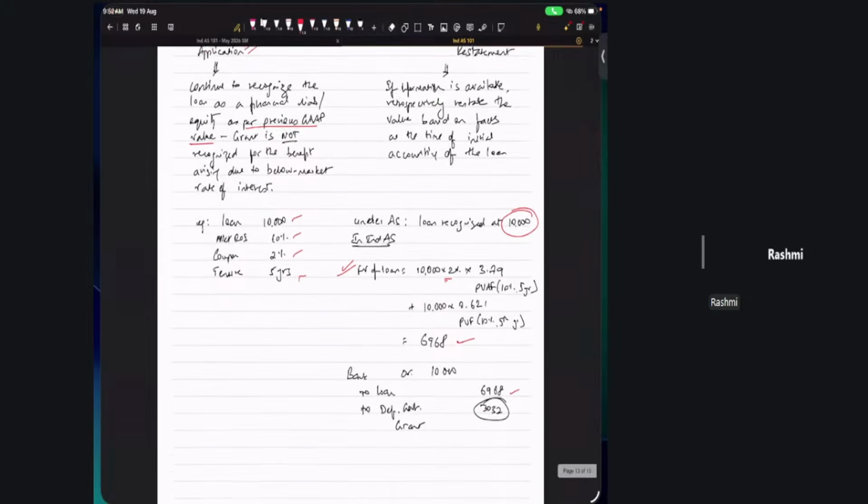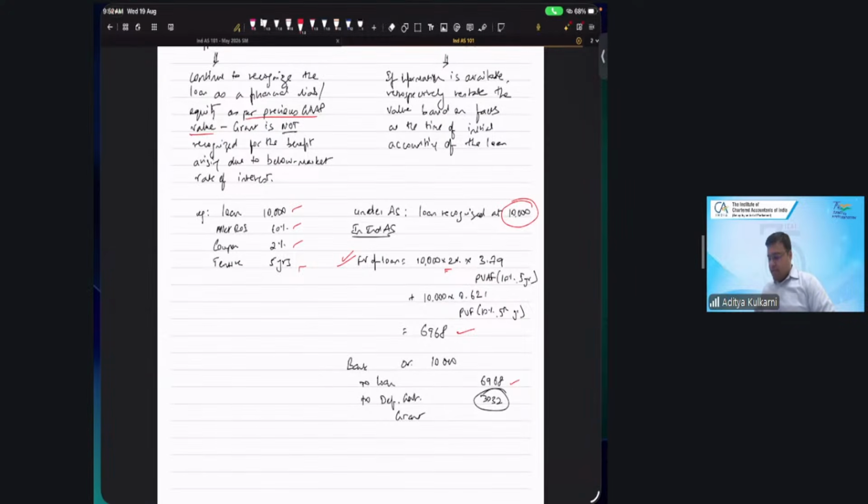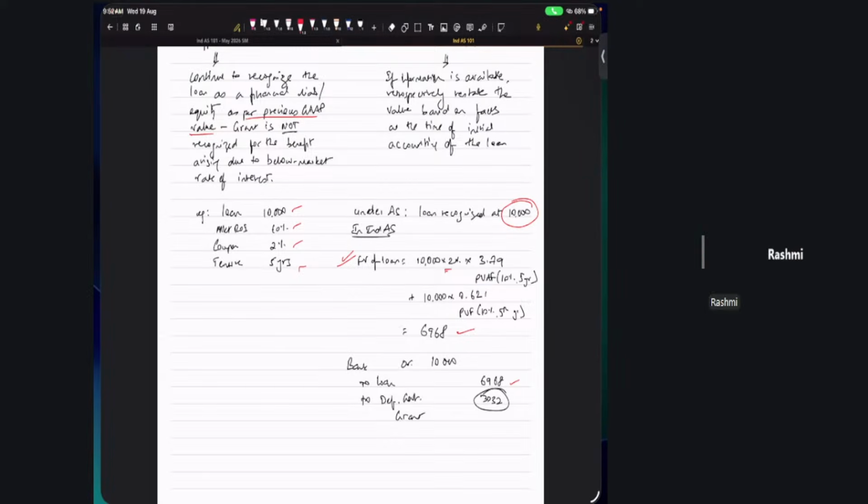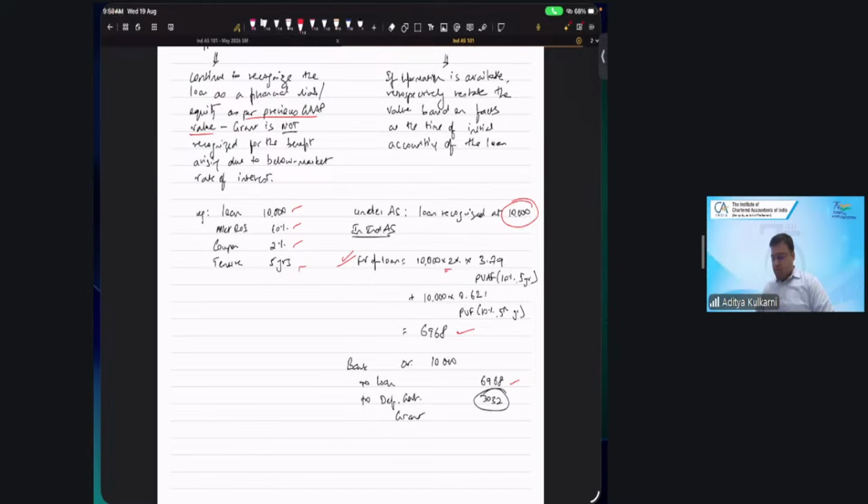So under Ind AS, for example, loan recognized at 10,000 under AS, a 10,000 rupee loan. This is the example. Loan of 10,000, market rate 10%, coupon rate is 2%, tenure is 5 years. In AS, I would recognize 10,000 and be at peace. Yes or no? In Ind AS, I would take the loan 10,000 into 2% into 3.79 plus 10,000 into 0.621, 6,968 would be the fair value of the loan.